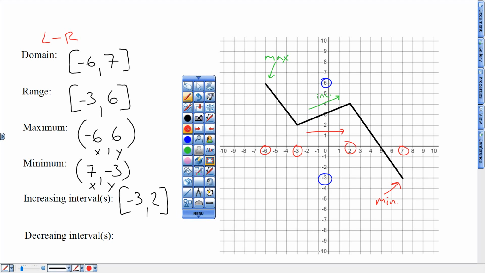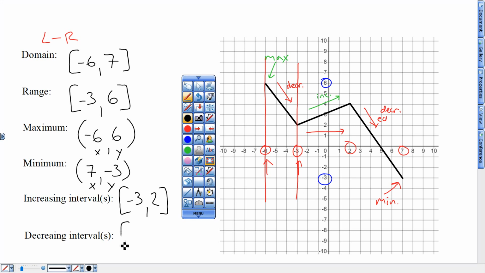Decreasing is as I come from it left to right going downhill. That's decreasing. Going downhill, decreasing. And again, I use the x numbers, the numbers on the x axis to show the boundaries where it starts to go downhill and where it ends at that spot.